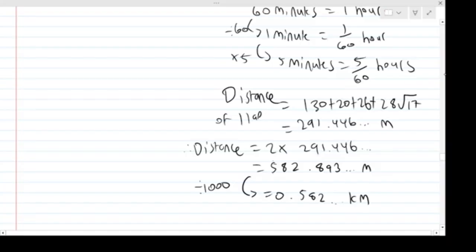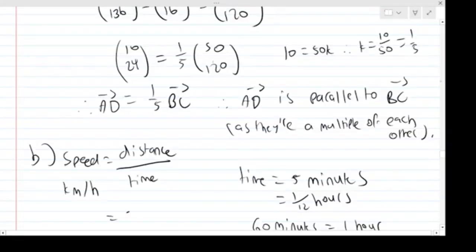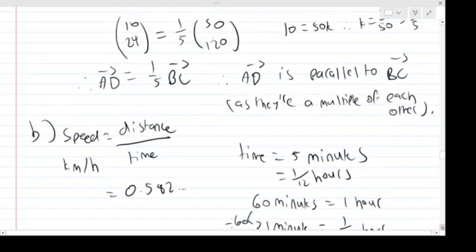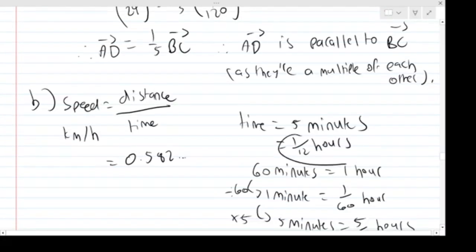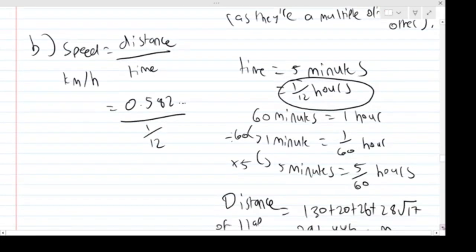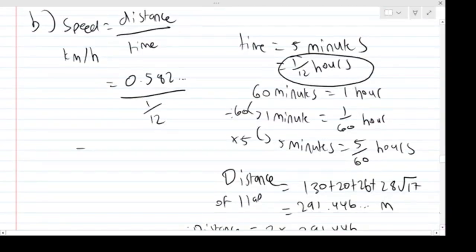So if we go back to our speed, our distance is 0.582 and so on, divided by time. Now our time is 1/12. That's a fraction and a fraction looks nasty, but remember this is just saying 0.582 divided by 1/12, right?